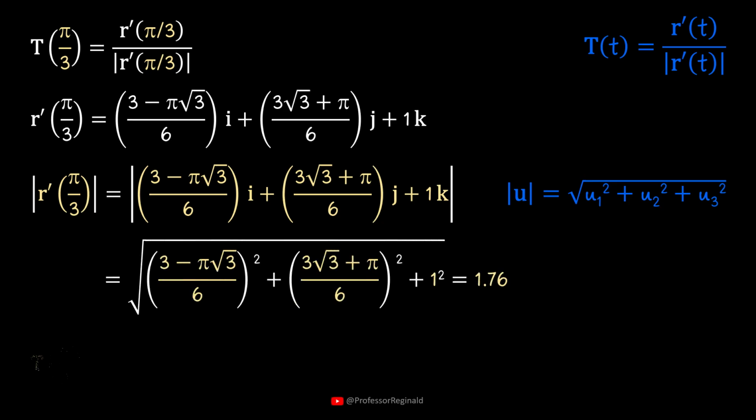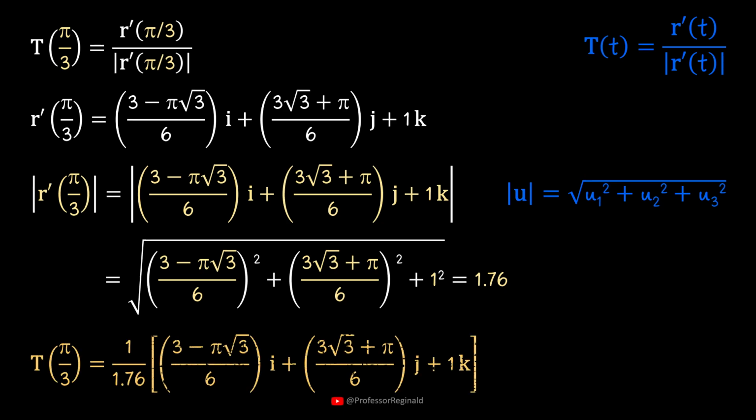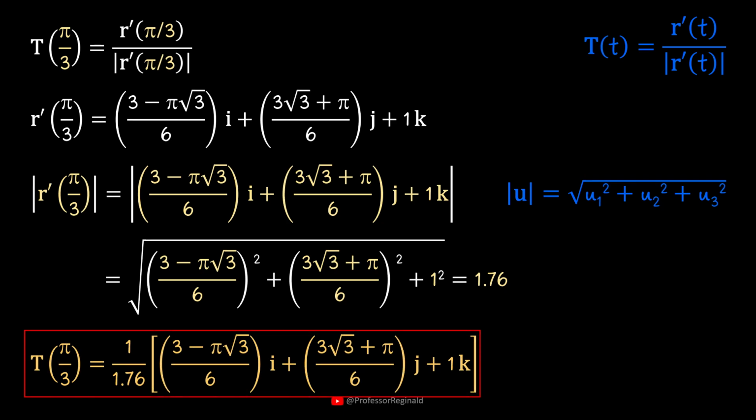Thus, this is the unit tangent vector to the curve where t equals pi over 3. Its magnitude is equal to 1, and it points to the same direction as the tangent vector, which is the direction of increasing parameter.